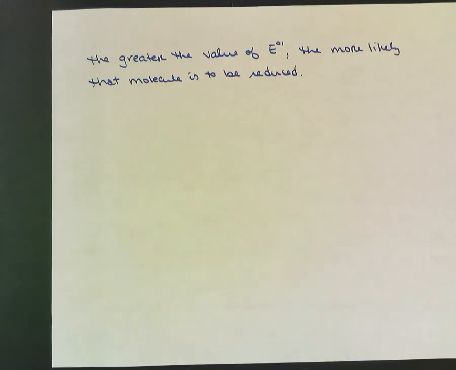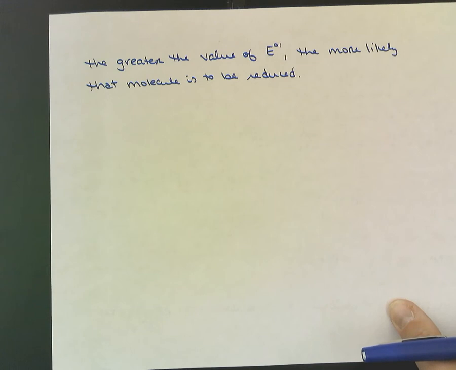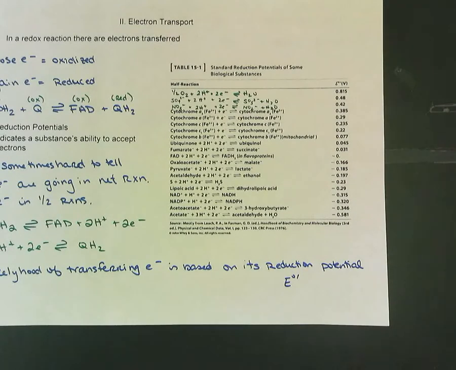What we do is we compare values of E standard state prime. So the greater the value of that E standard state prime, the more likely that molecule is to be reduced. So if we look back at this table in your book, it's actually in order of reduction potentials.